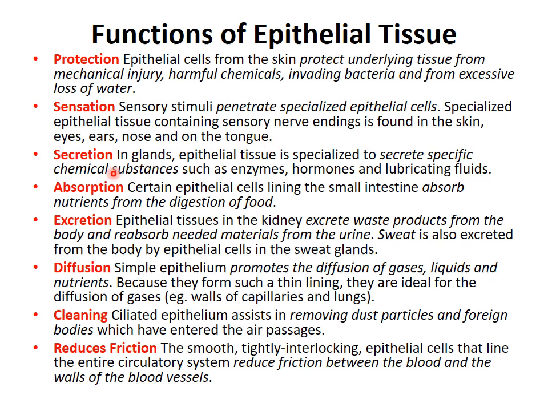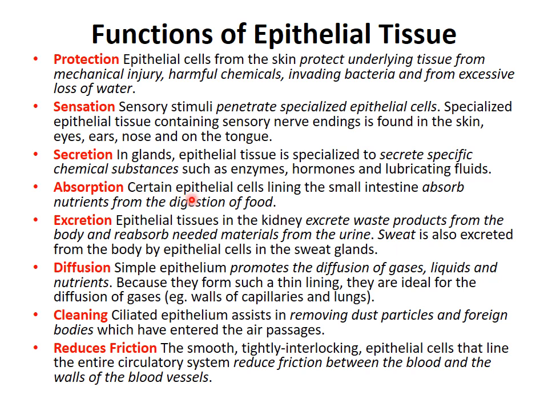Then the secretion. The glandular epithelium provides the secretory epithelium. So epithelial tissue is specialized to secrete specific chemical substances such as enzymes, hormones, and lubricating fluids. Then is the absorption.